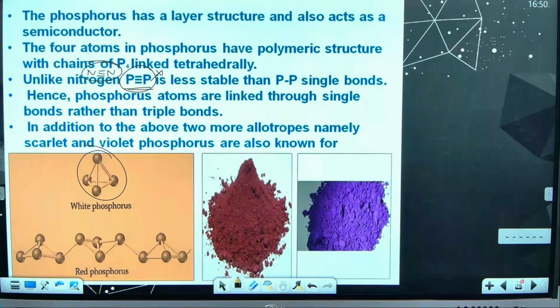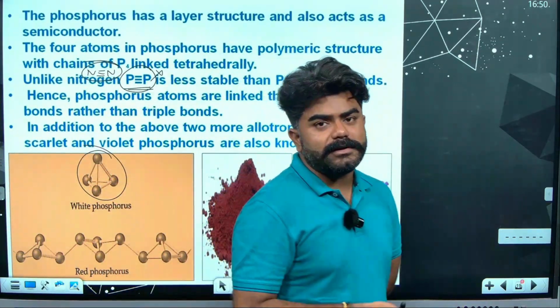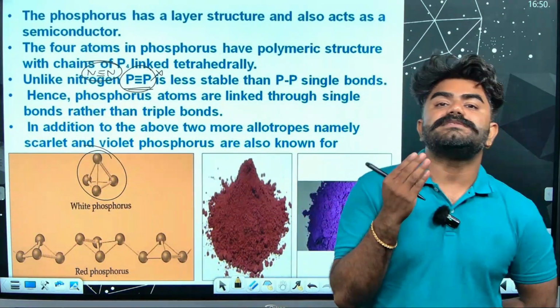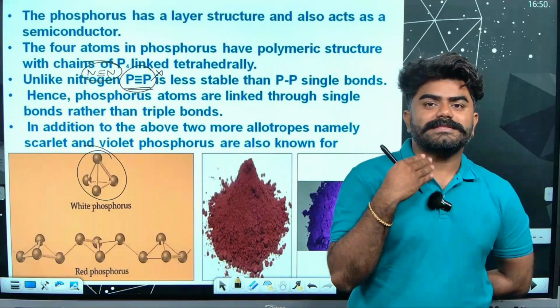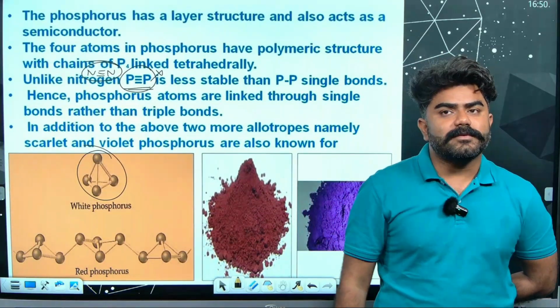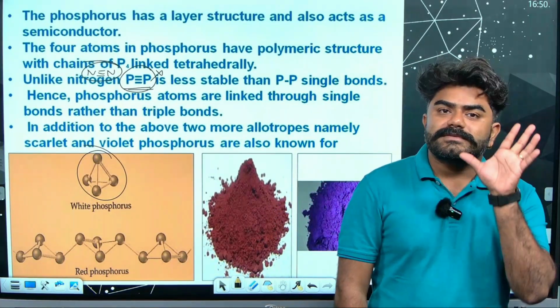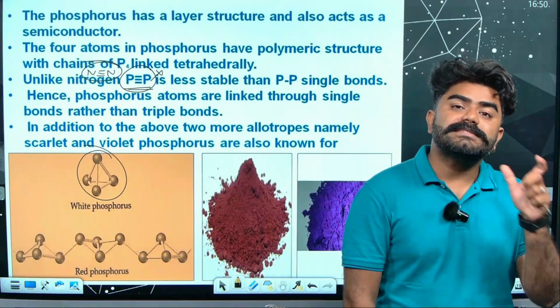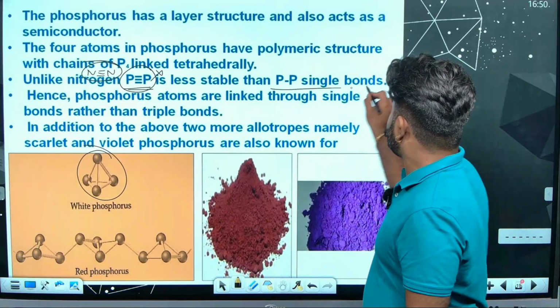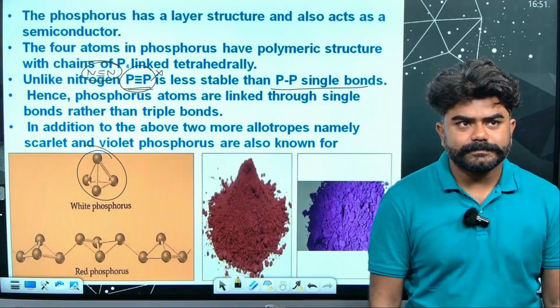Not like your nitrogen molecule. Nitrogen is stable when it forms a triple bond between its atoms, but phosphorus is not as stable as nitrogen when it forms P triple bond P. அதனால தான் phosphorus is stable when it is in P single bond P tetrahedral structure. அப்படி இருக்கும்போது அது ரொம்ப ஸ்டேபிளா இருக்கு.